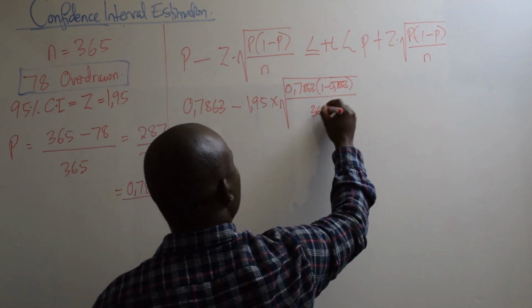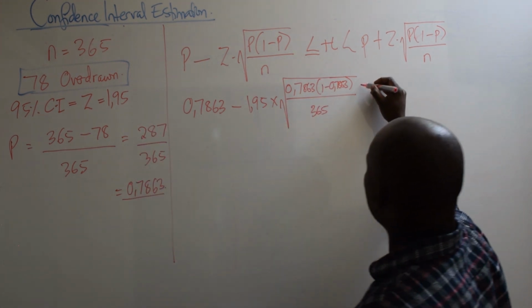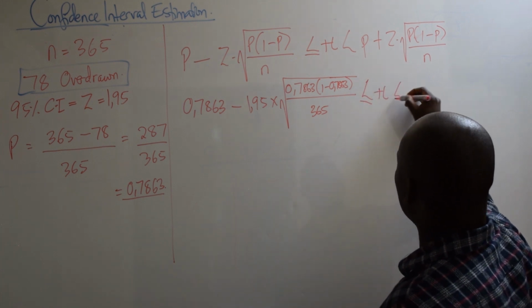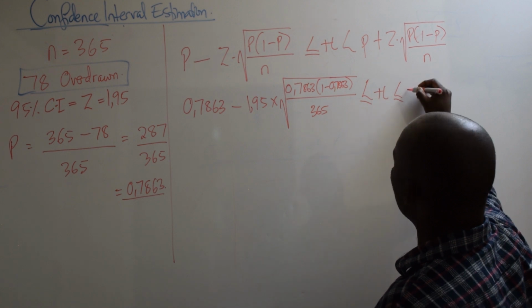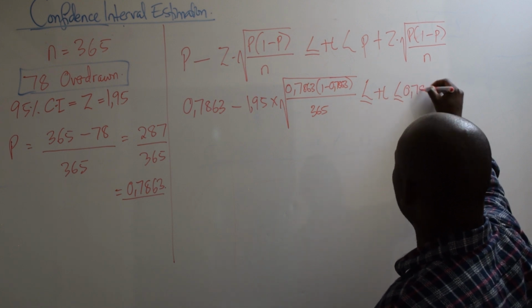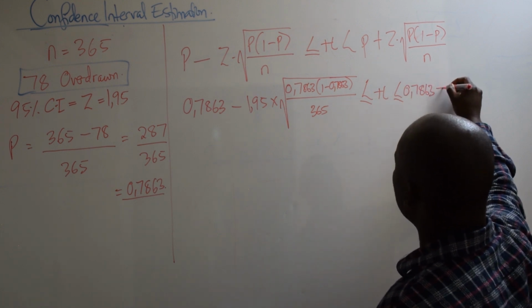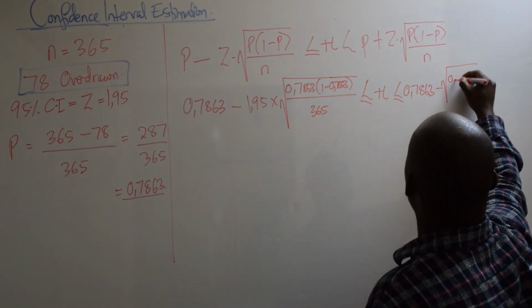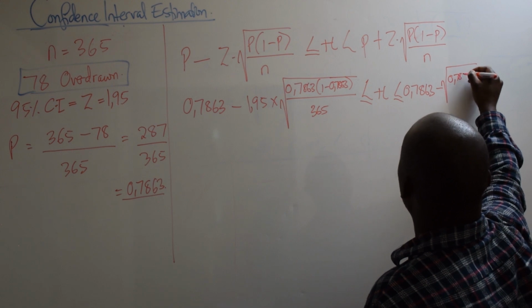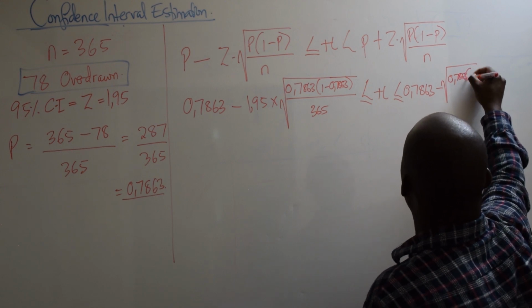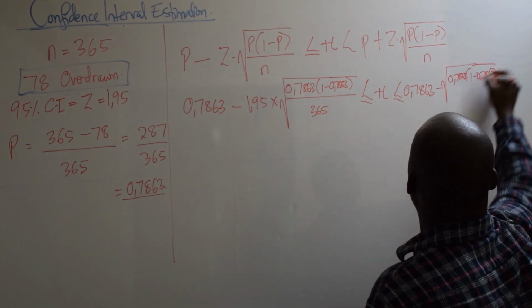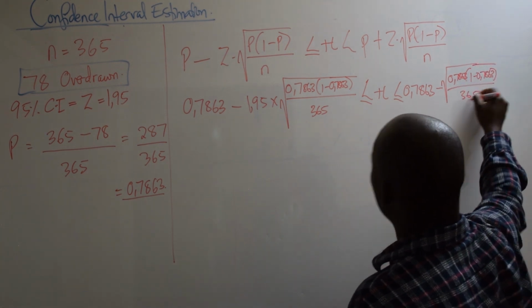Our n is 365, and then this is less than or equal to the pi, which is less than or equal to 0.7863 minus the square root of the same calculation here, 0.7863, 1 minus 0.7863 over 365.